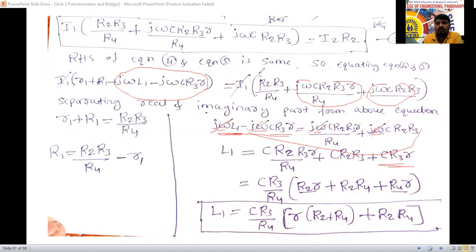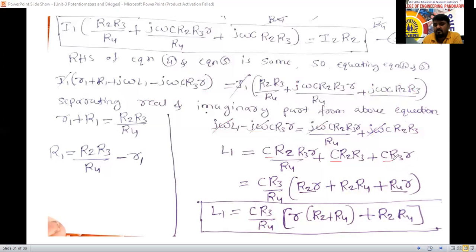Okay. So what we have to do now, you observe one thing here. Here C is there, here C is there, here C is there. C we have to take common. Here R3 is there, here R3 is there, here also R3 is there. C R3 we can take outside. CR3 I have taken, divided by R4 also I have taken outside here now.